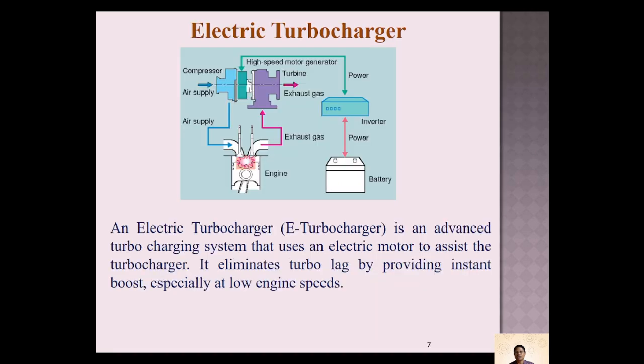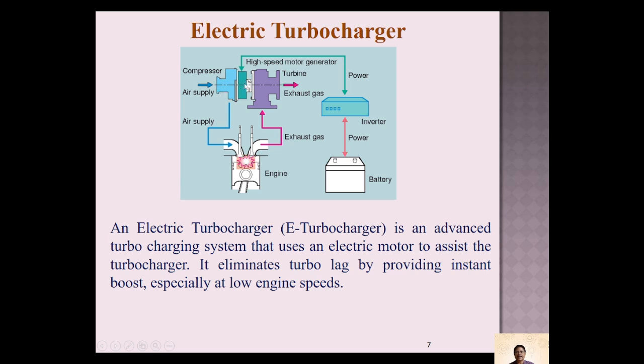Electric turbocharger, e-turbocharger. It is an advanced turbocharging system that uses an electric motor to assist the turbocharger. It eliminates turbo lag by providing instant boost, especially at low engine speeds. The battery powers the inverter, and the inverter runs the motor that is coupled with the compressor.